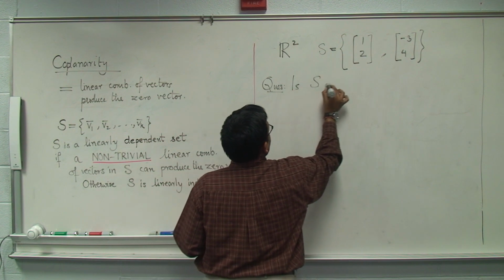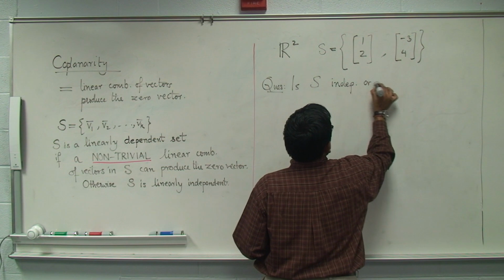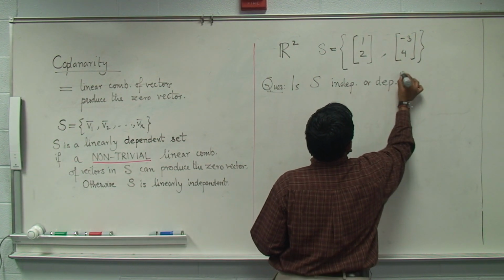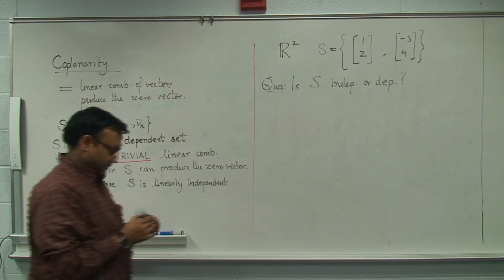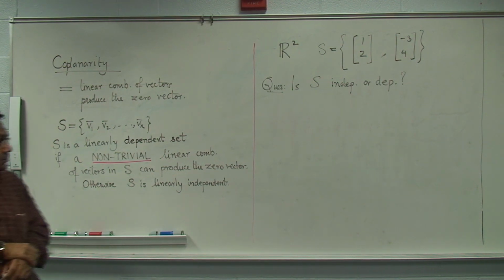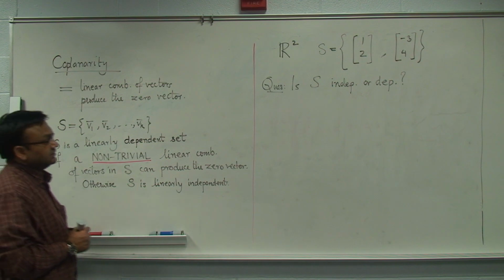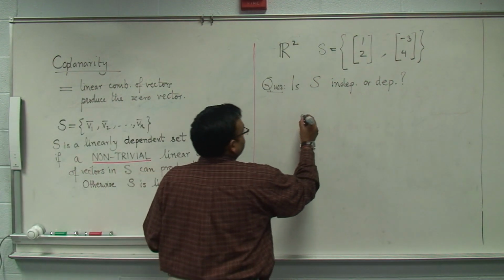Is S independent or dependent? Of course, when we say independent, we mean linear independence or dependence. But since we are working through linear algebra, everything will be linear until specified otherwise. So I'm going to stop using the word linear and assume that is the case.